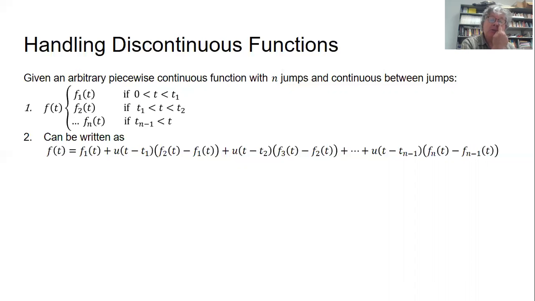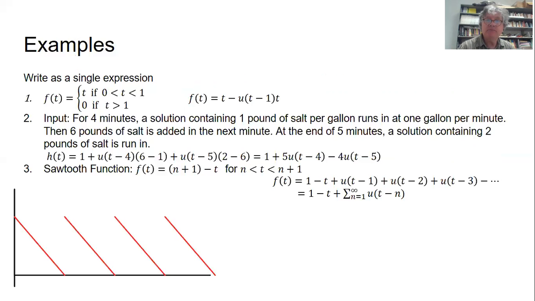So all we've got to do is multiply the step function at t1 times f2 minus f1, right? Because at t1, that u becomes a 1. So you're adding f2 minus f1 to f1, it changes to f2, etc. And you do that all the way down at the end for all the jumps.